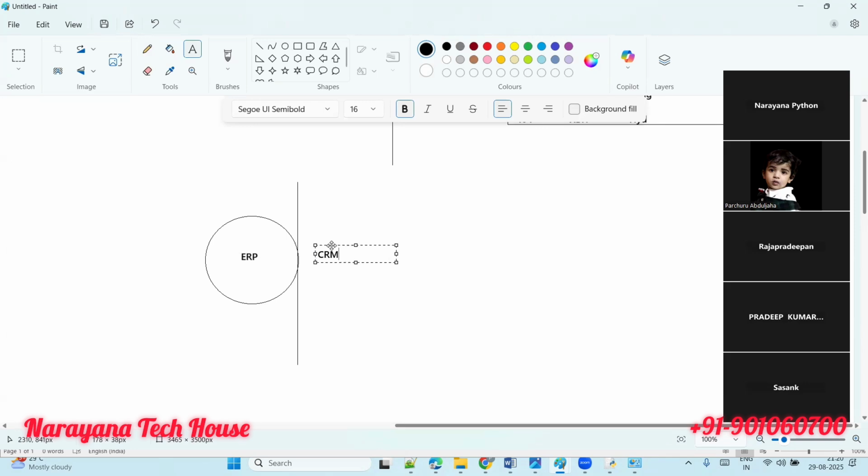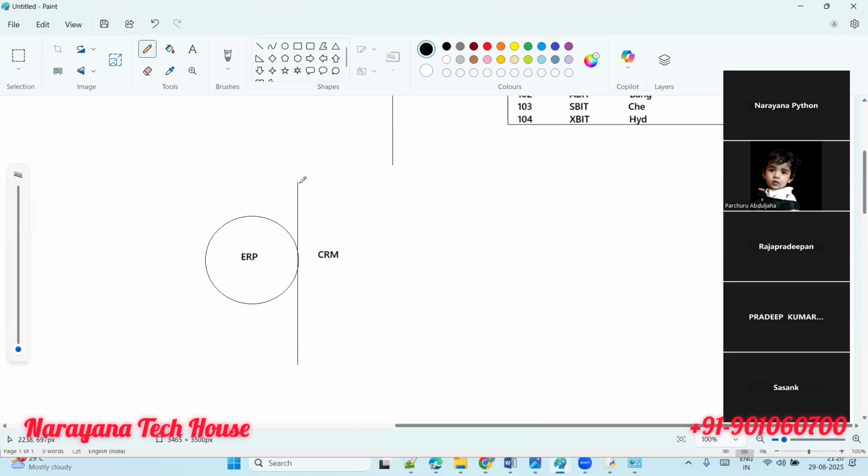Inside the company, inside operations are maintained in which one? ERP systems. The company's outside operations are maintained in CRM systems. That is one of the differences between both, guys.